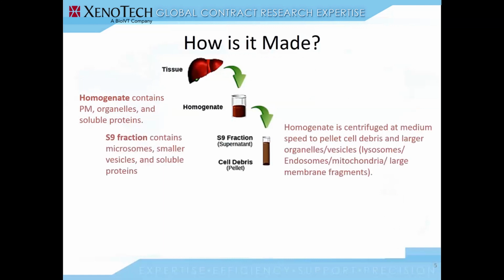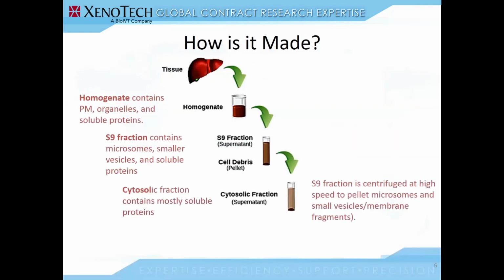The homogenate is then centrifuged at medium speed to create the S9 fraction. The S9 fraction, the supernatant, is collected and contains enzymatic activities from small vesicles, microsomes, and soluble cytosolic proteins. The pellet, which is most of the time disposed of, contains larger intact organelles like endosomes, lysosomes, mitochondria, and large membrane fragments or vesicles.